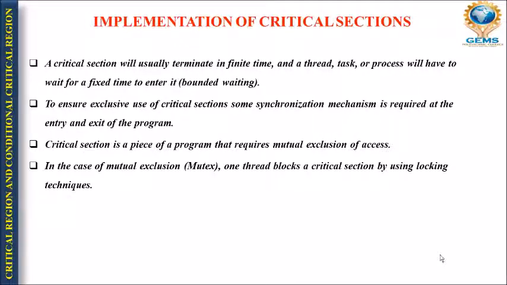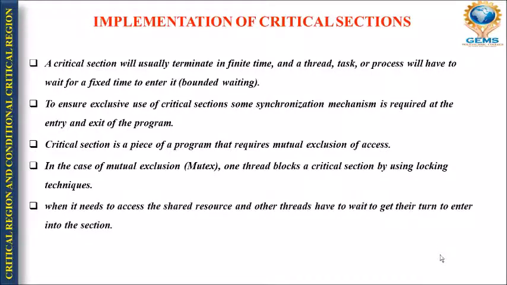One thread blocks a critical section by using a locking technique. So how will the critical section be locked for the second process? It is done by the locking technique, when it is needed to access the shared resources, and other threads have to wait to enter the critical section.